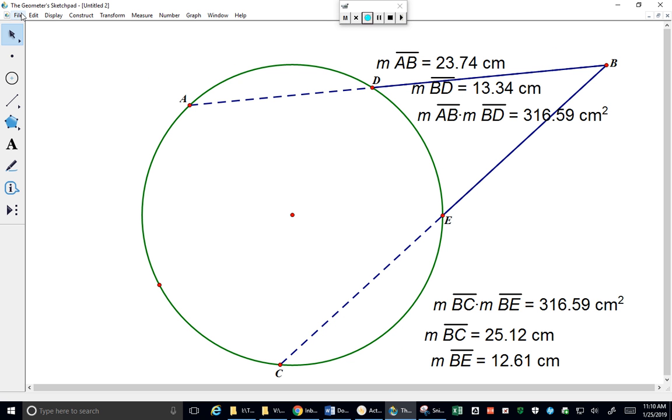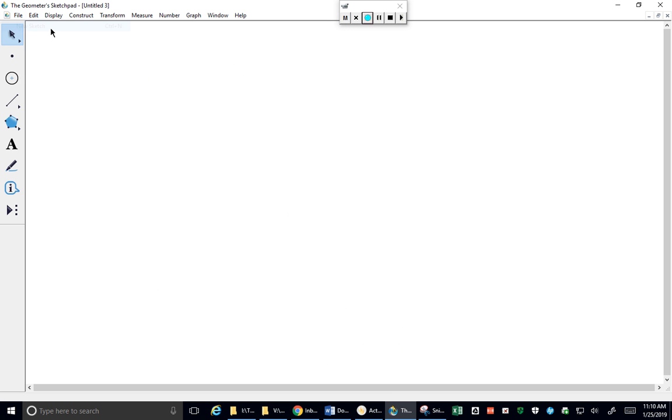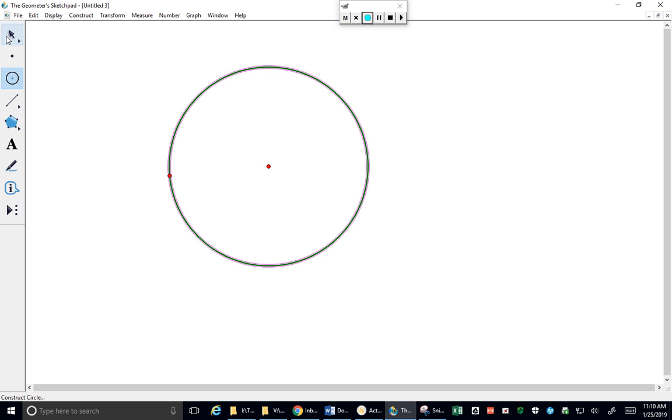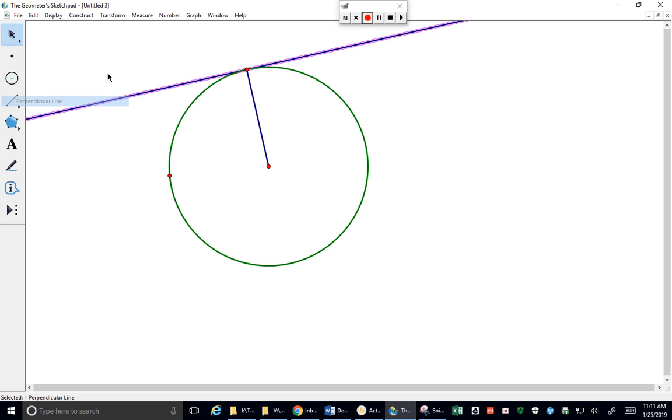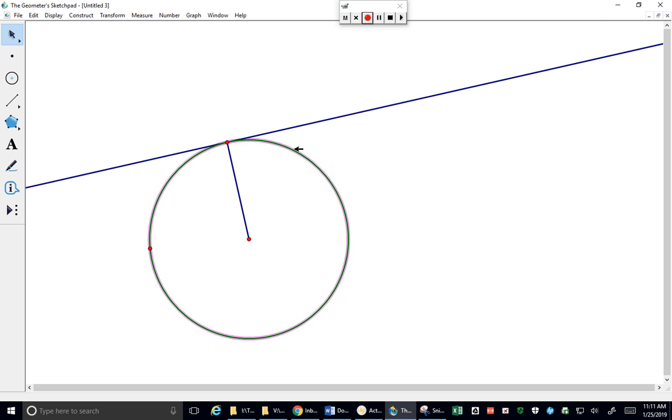Now let's see. Let me get a new one and see if we can verify this. So we need a circle. Okay, the important part is to make the tangent line, and the tangent line has to be perpendicular. So I'm going to start off with my tangent. So I'm going to make something perpendicular to this. So I'm going to construct a perpendicular line. There I go. Move it down here.